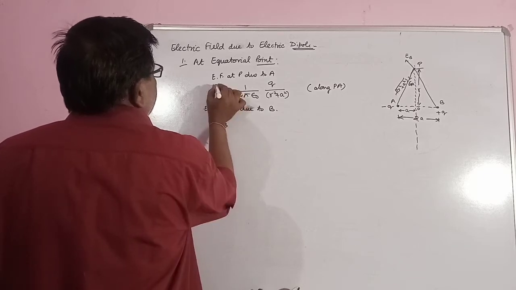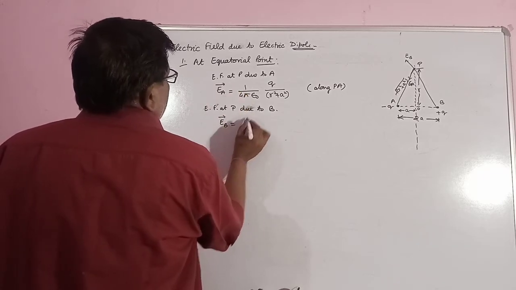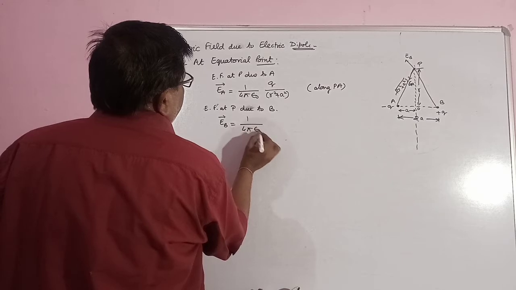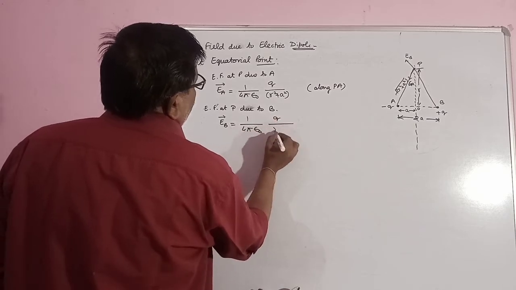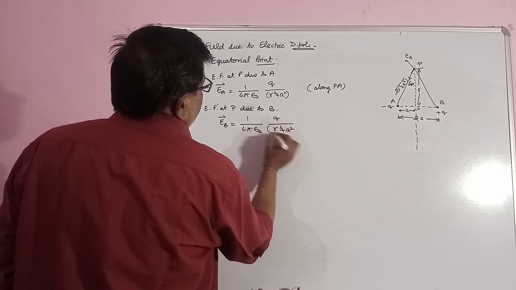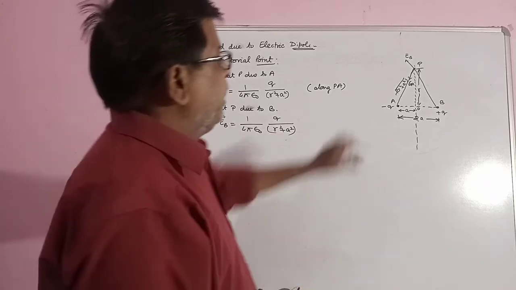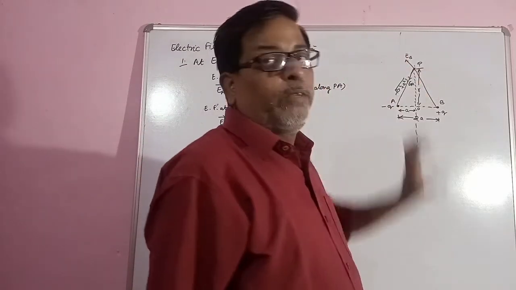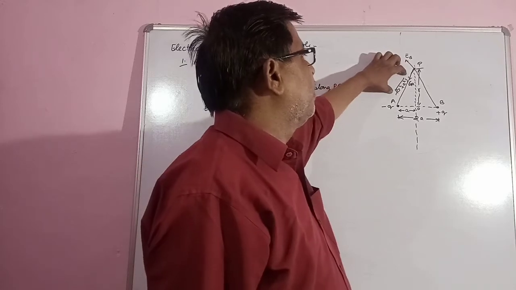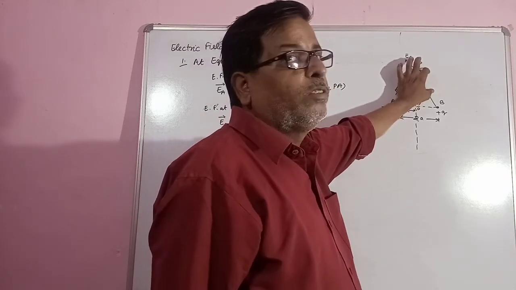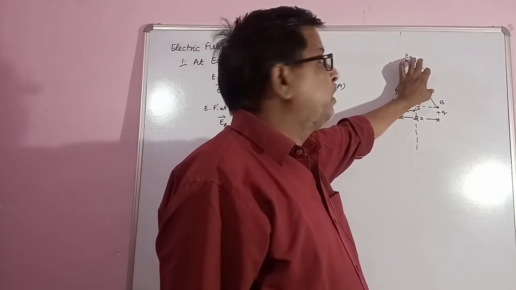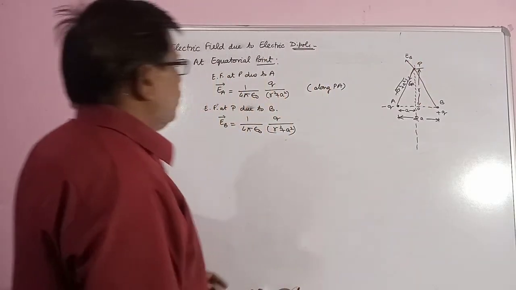EB equals 1 over 4 pi epsilon naught Q upon R square plus A square. The distance of PA and PB will be the same. If this is under root R square plus A square, this will also be under root R square plus A square.